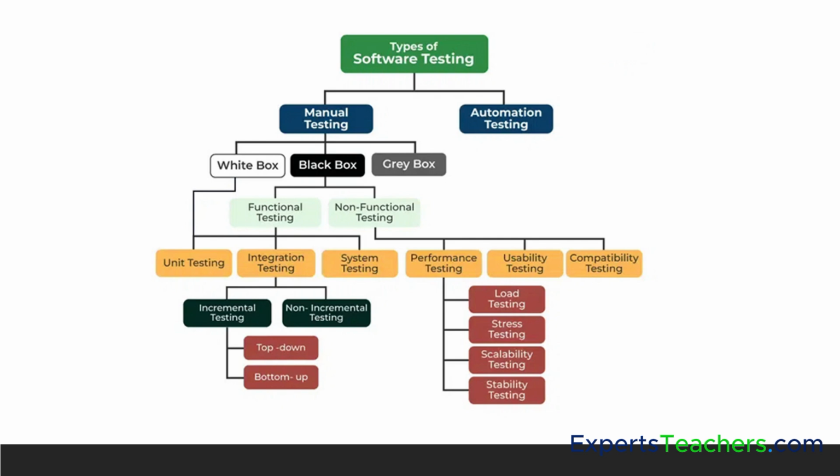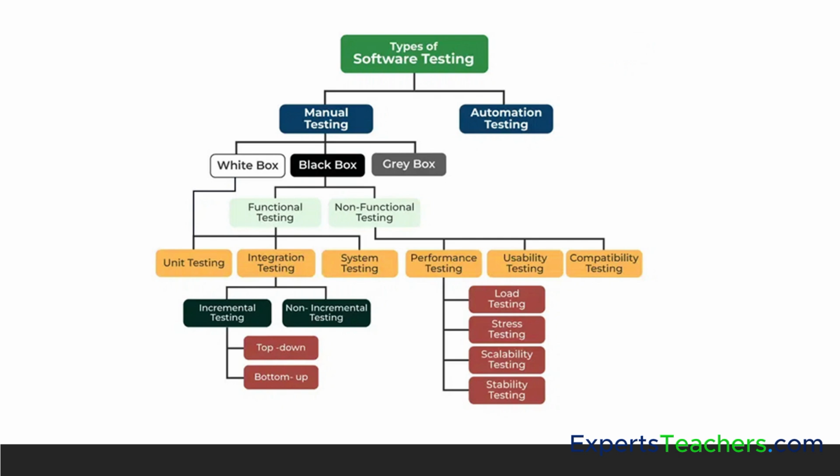Another is usability testing, how the user is able to use the application, whether it is easy for the user to use the application, or is it difficult to use. Okay, so that is usability testing.